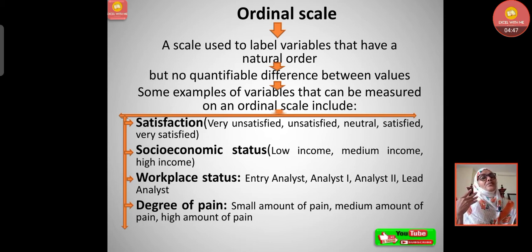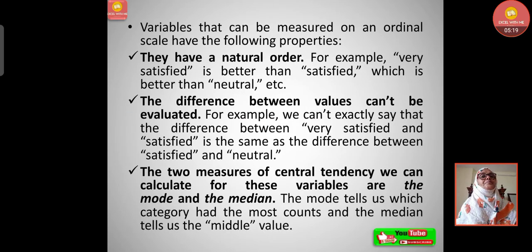People can be with low income or medium income or high income. Then workplace status, that is entry analyst maybe, or analyst 1, analyst 2, or lead analyst, or any kind of a work status we can take. Now degree of pain, that is small amount of pain, medium amount of pain, high amount of pain. So these are all the ordinal scale variables examples.